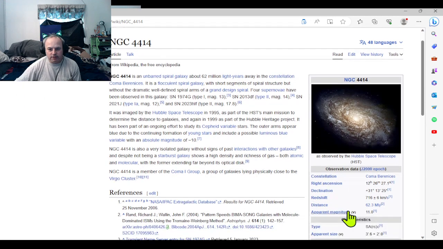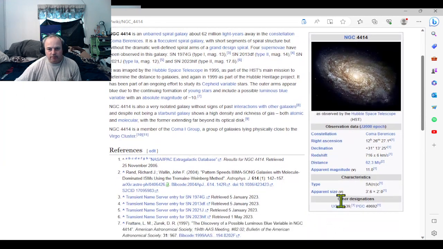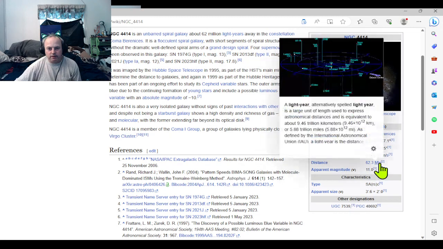Right, so this one is 62 million light years. So it's a large unit of length. It's 5.88 trillion miles, which is a long way. It's 5.88 trillion miles.